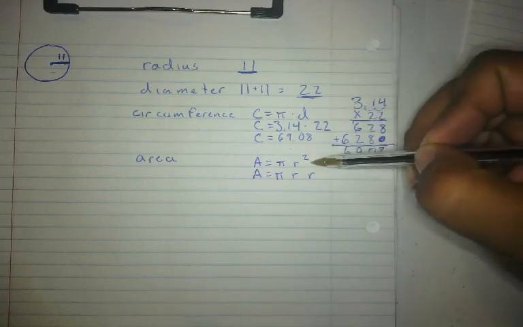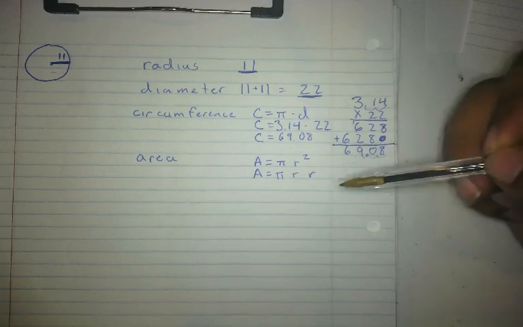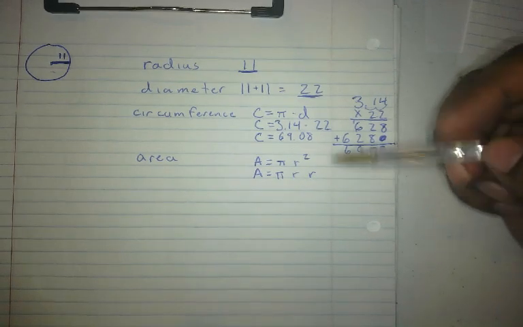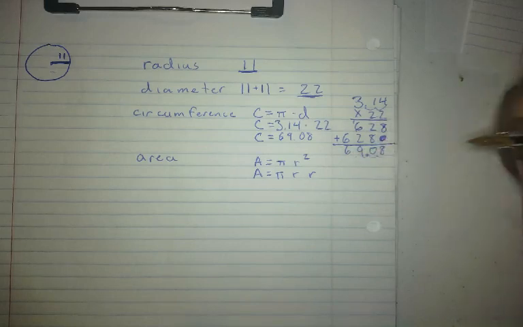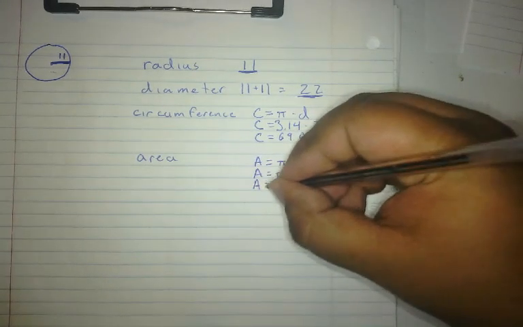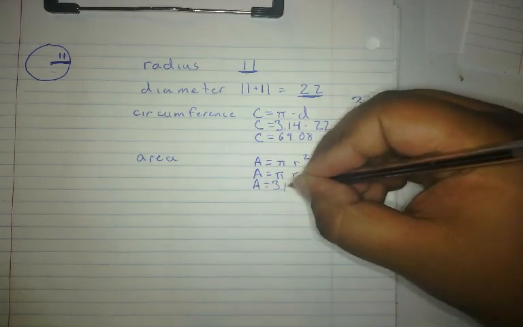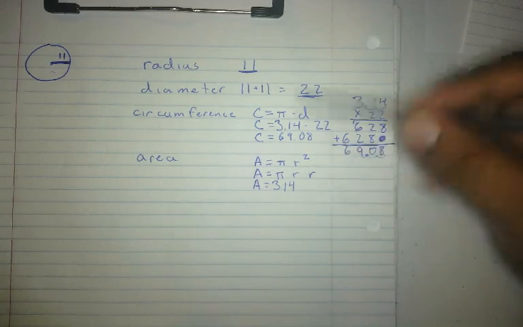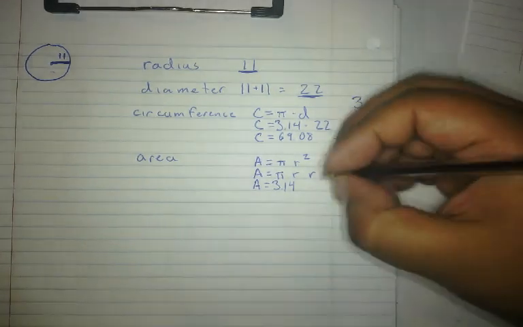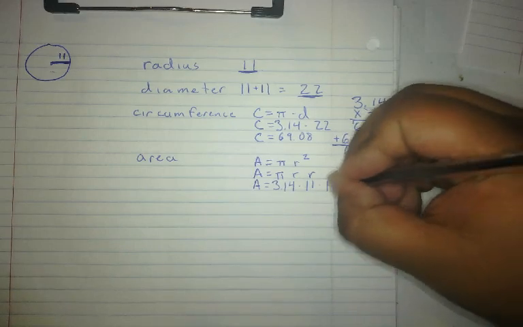They usually write it like this so they can have less things to write, but I like just writing it all out. It's the same thing, same kind of problem, just written a little bit different. So let's go ahead and figure out our area is equal to pi, which was 3.14. Our radius in this problem we said was 11, so we're going to multiply 11 and then multiply 11 again.